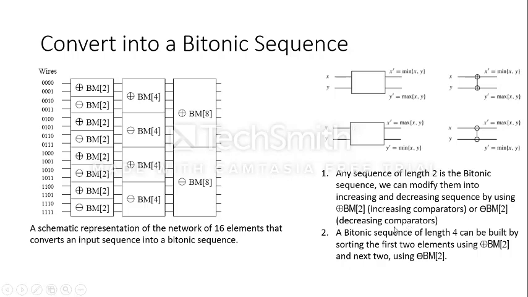Then a Bitonic sequence of length 4 is built: with the help of two elements we have generated an ascending order or monotonically increasing sequence, and with the next two elements we have generated a decreasing sequence. In this way a Bitonic sequence of length 4 is generated.